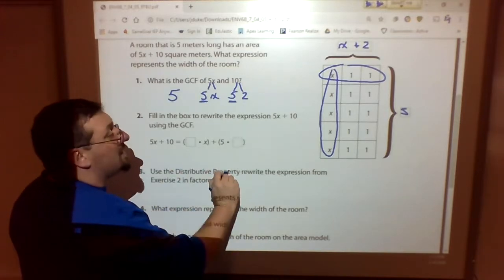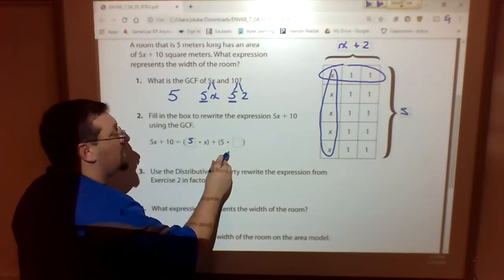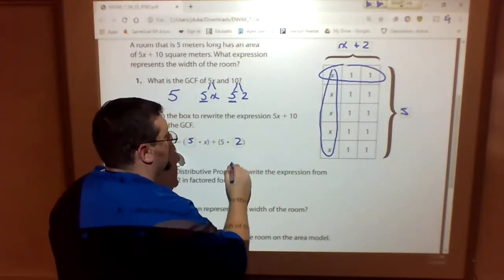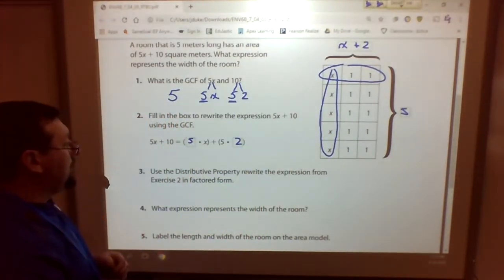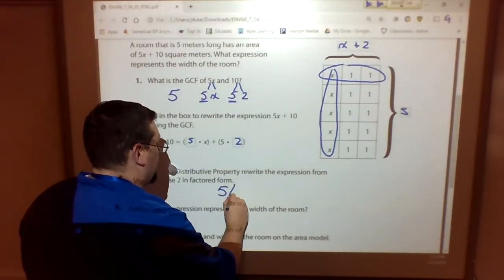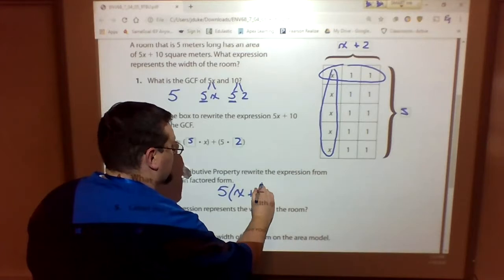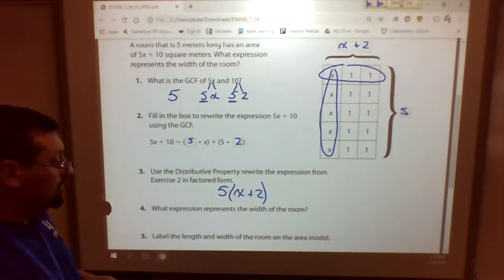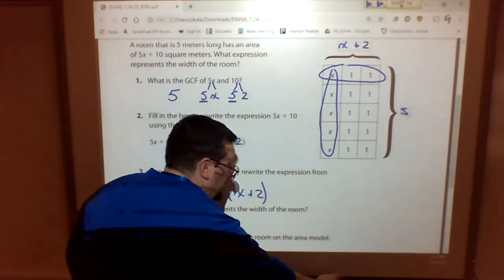Okay, so how many times is there an x? 5. How many columns and rows do I have? 2. Okay, so using the distributive property, I have 5 times x plus 2. All right, nice.